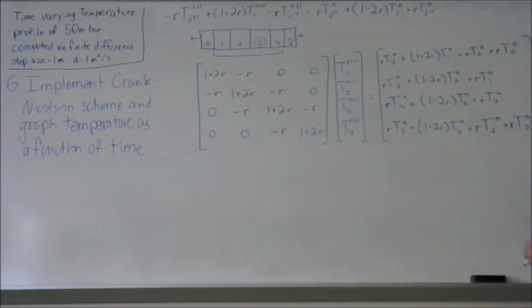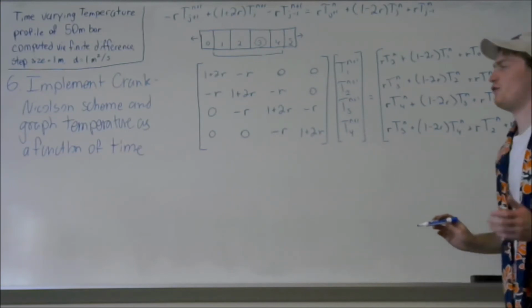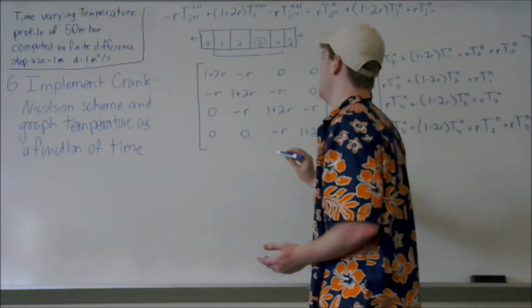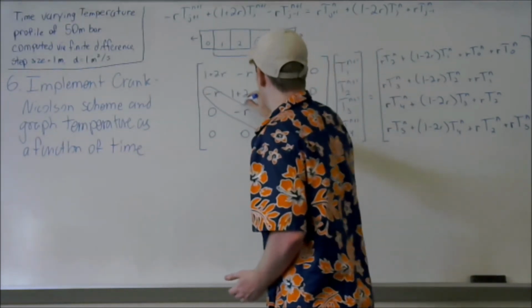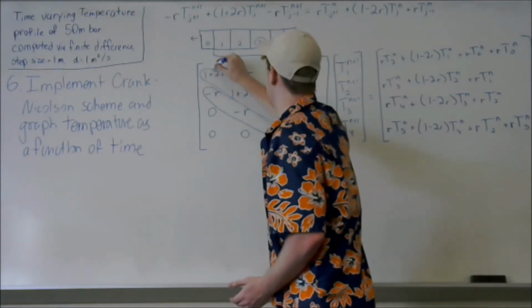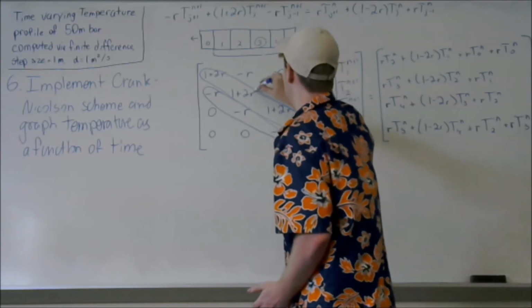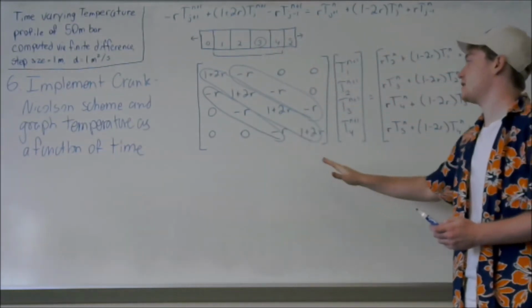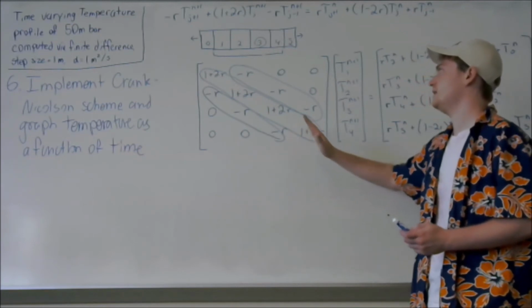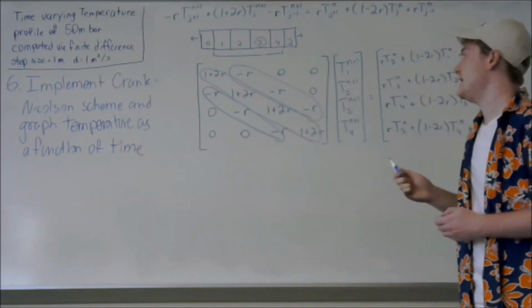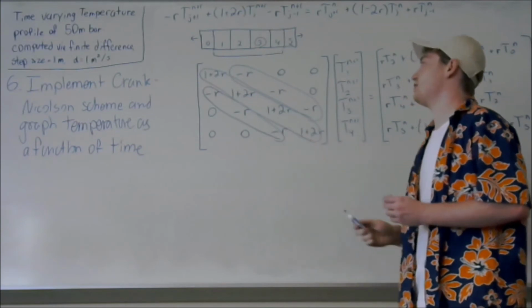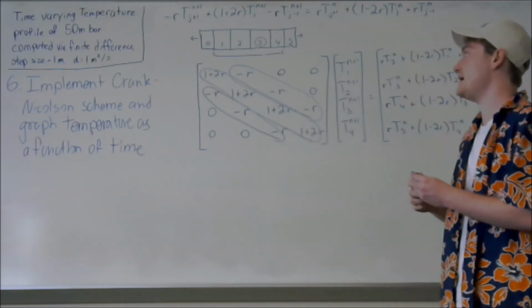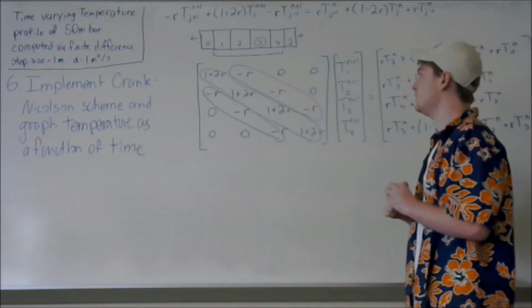Just like that. Now, if we take a look at this matrix here, we notice that we have these diagonal bands of the same values, right? Just like that. Now, this is actually called a sparse matrix, and a banded sparse matrix because we have these diagonal bands going across the matrix.